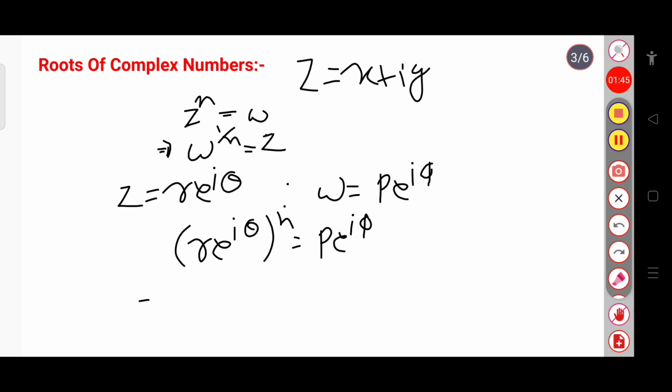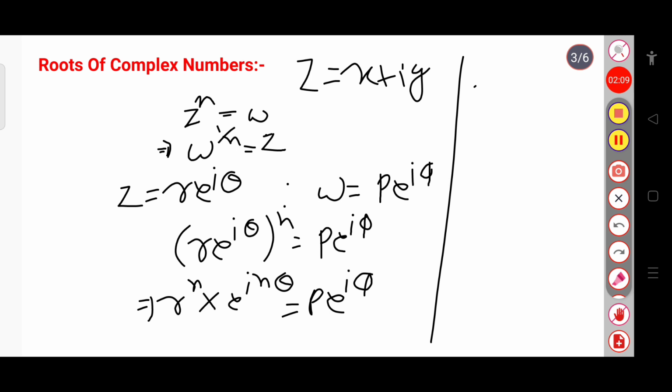Hence, this will be r power n into exponential I n theta, equal to p exponential I phi. If I compare the left hand side and right hand side, then r power n equals p, or r equals p root n, and exponential I n theta equals exponential I phi.